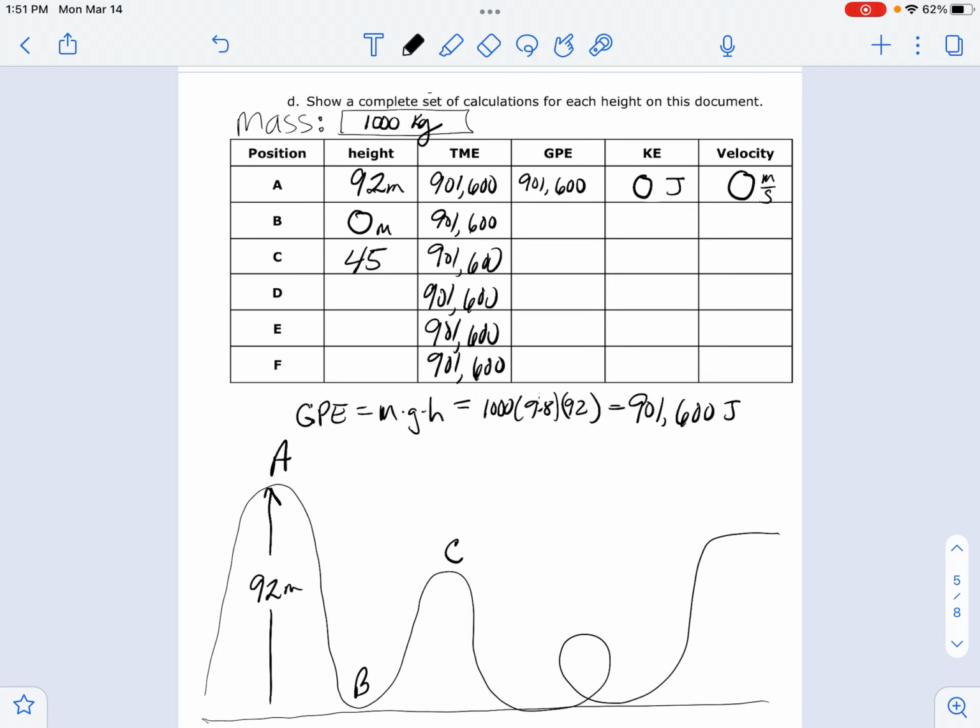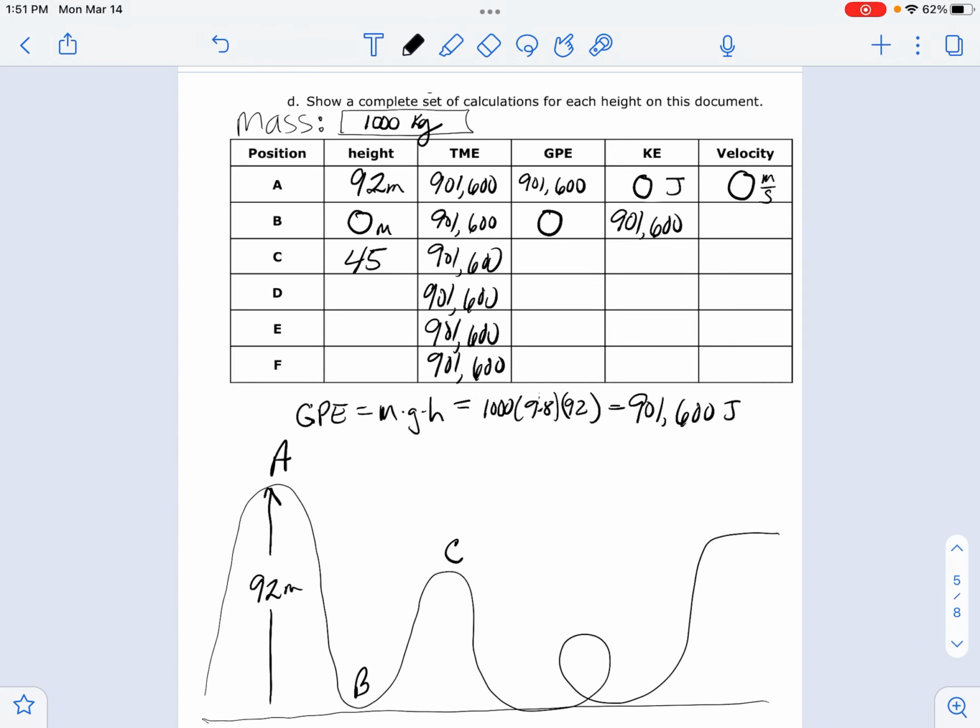So let's look at point B. At point B, I am at a height of 0, which means my potential energy is 0, which means if I have potential plus kinetic equaling total, then my kinetic energy must be 901,600.